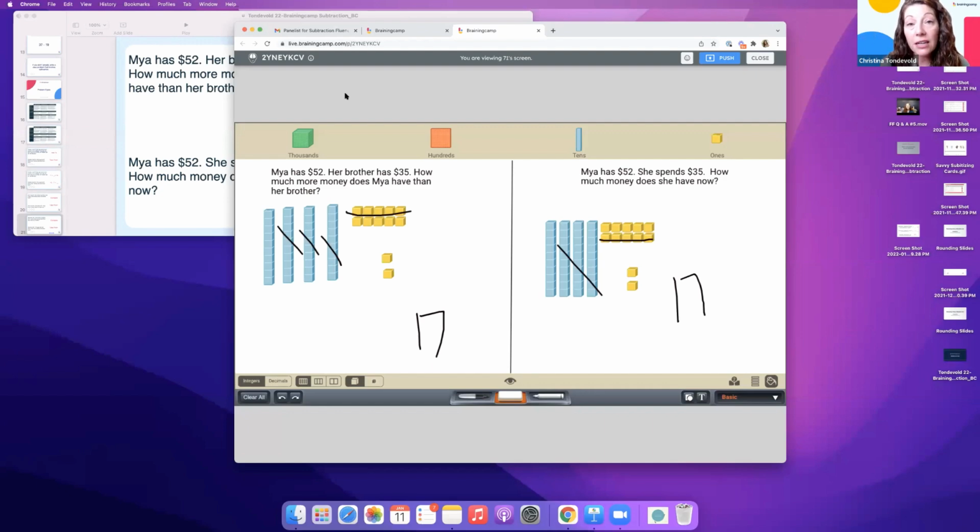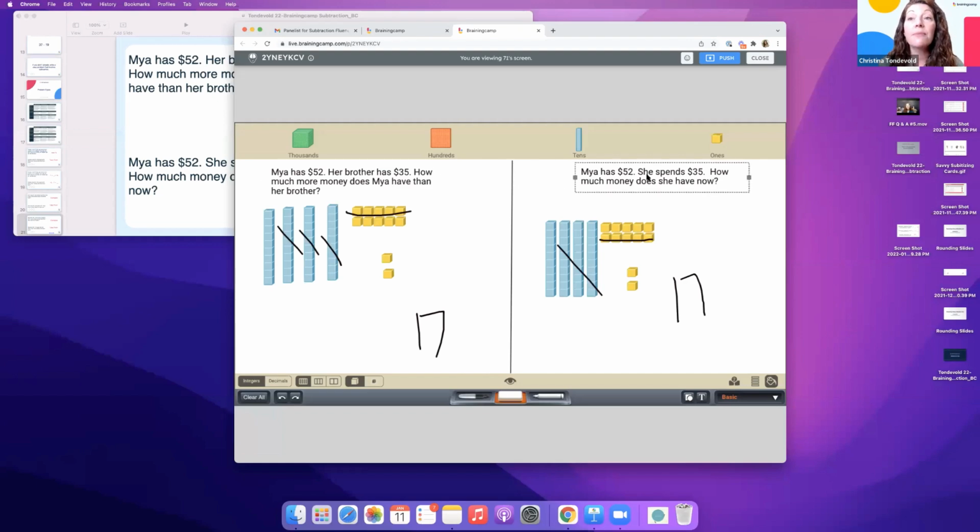Children see 52 and they see 35, and then we need to compare and see what is different between those two. In both of these, they modeled it basically the same, right? We're cutting out the 3 tens and then taking out 5 ones and we see 17 left over. But this story problem elicits a different visual to children than this problem over here.